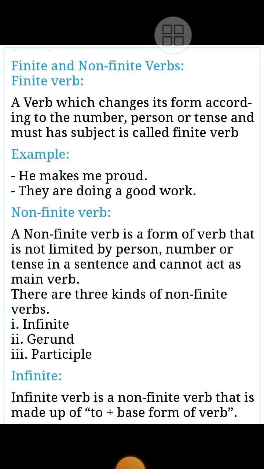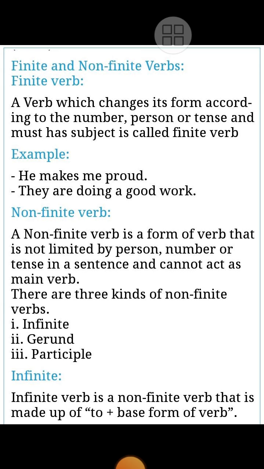Non-finite verb. A non-finite verb is a form of verb that is not limited by person, number, or tense in a sentence and cannot act as the main verb. There are three kinds of non-finite verbs: infinitive, gerund, participle.